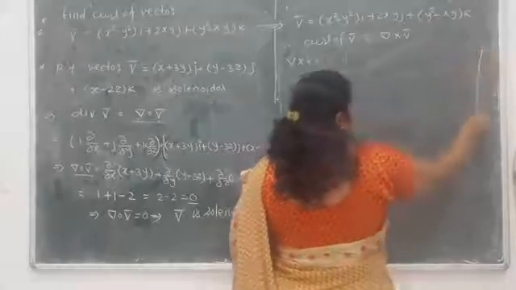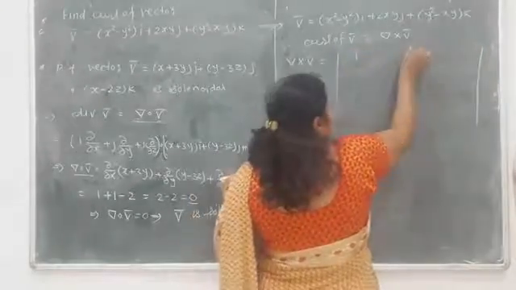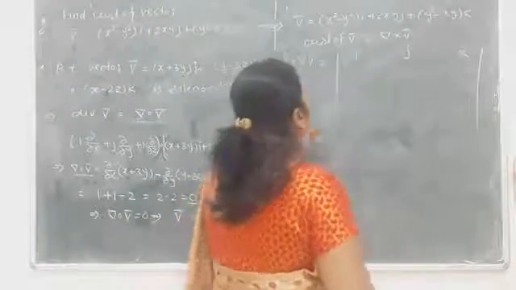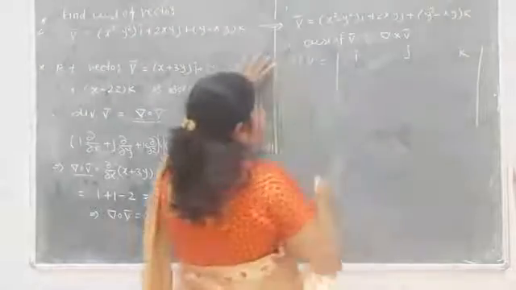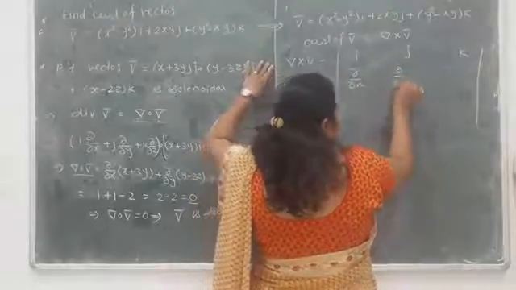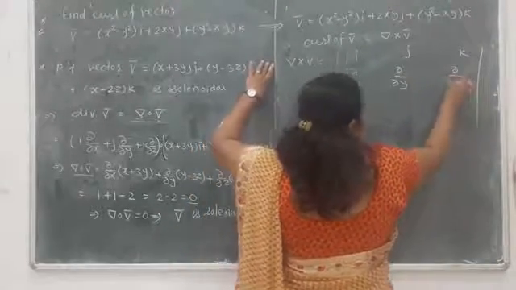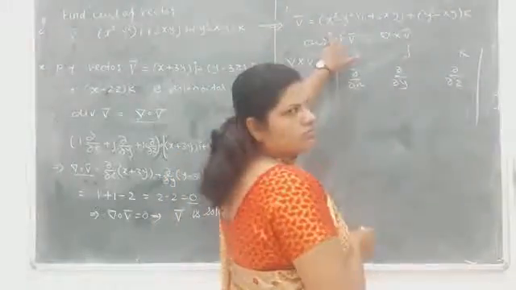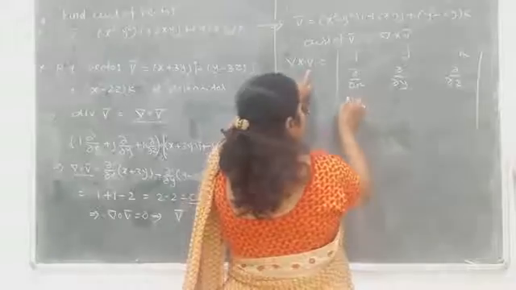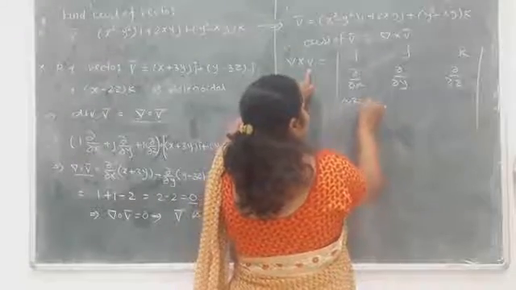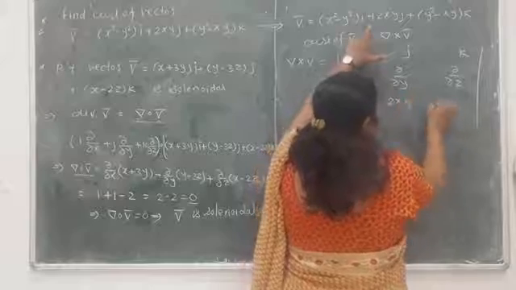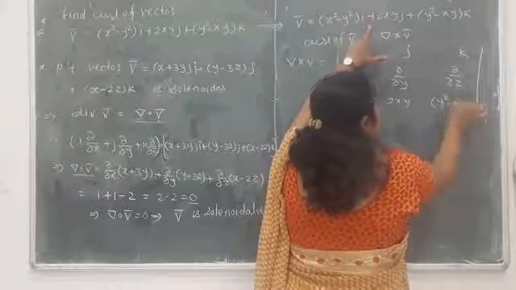So del cross v bar is equal to a determinant. In the first row there are i, j, k; in the second row there are ∂/∂x, ∂/∂y, ∂/∂z. In the third row there are the coefficients of i, j, k of the second vector, that is v bar: x² - y², 2xy, and y² - xy.